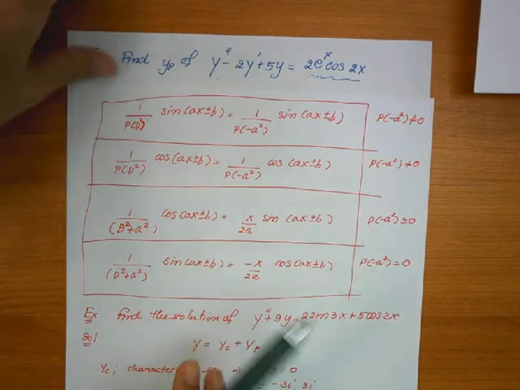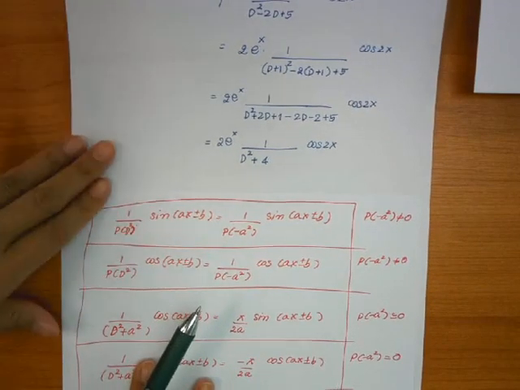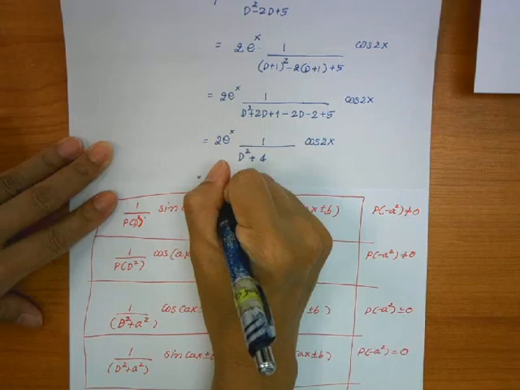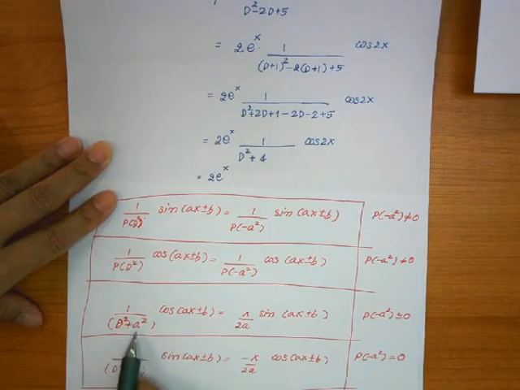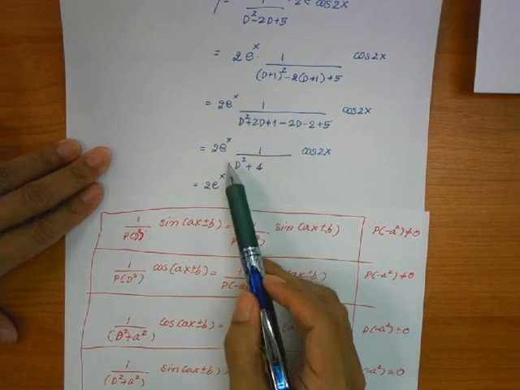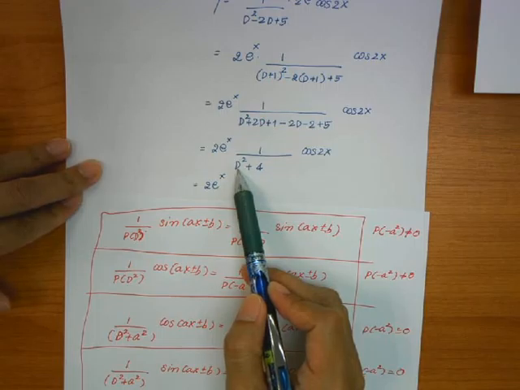Now we know that we have to use this formula to find the solution. When you try it again, we have D squared here. Our D squared has to be replaced by minus a squared.